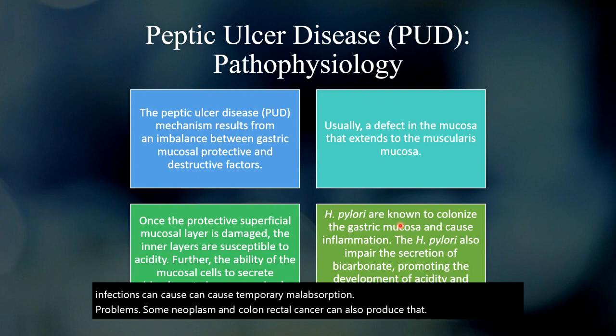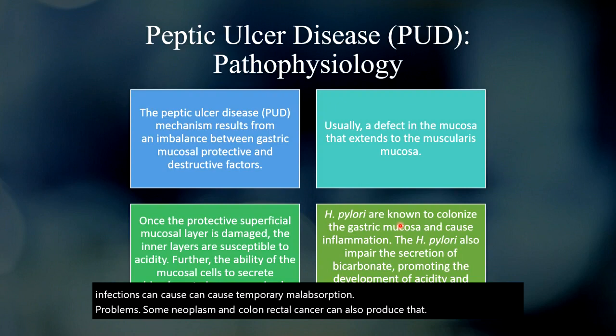And also the problem with pylori is that it impairs the secretion of bicarbonate. So that will promote the development also of acidity, and it will produce the ulcer.